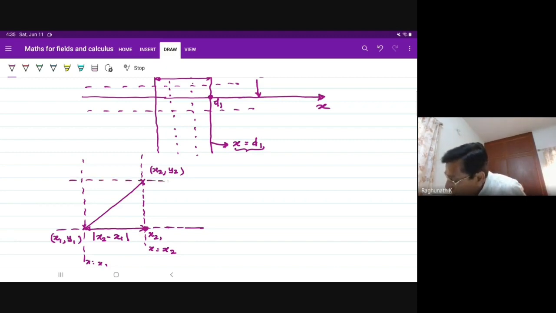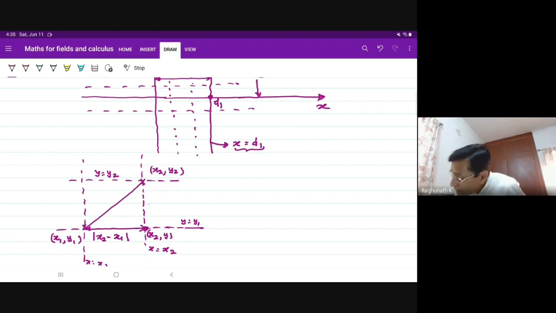This is y is equal to y1, y is equal to y2. x2, y1. x1, y1 to x2, y1. There is only change in x without changing y. X is changing from x1 to x2. So, the distance traveled is mod of difference between the coordinates.